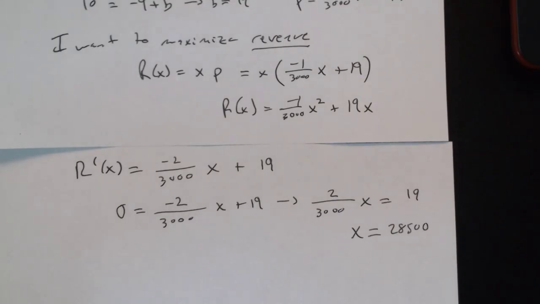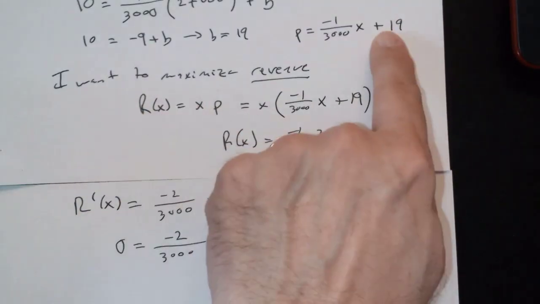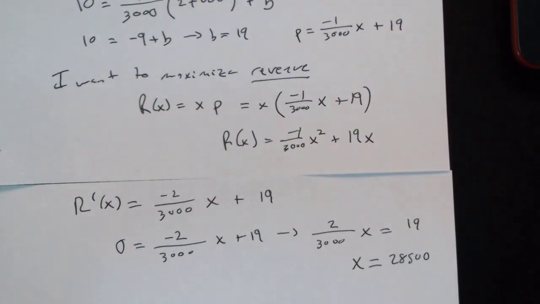Well, I was going to say that because of the 19. But that's in this equation up here, not in this equation. Emily?